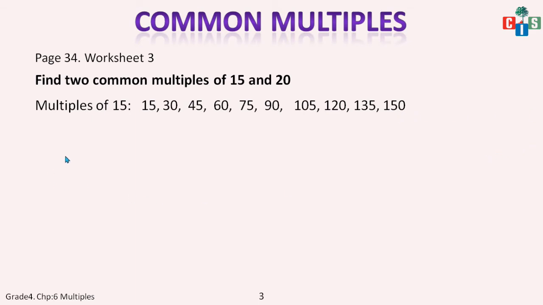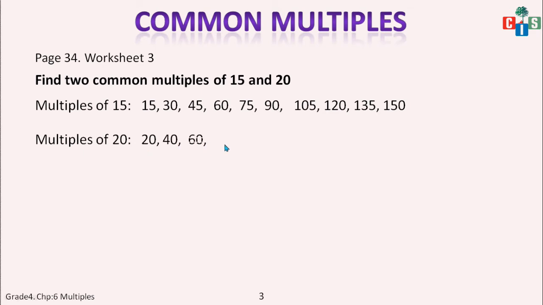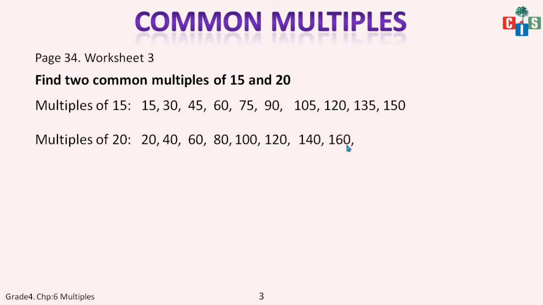Multiples of 20, how will you find them? Write the table of 2 and keep adding a 0 at the back. 20, 40, 60, 80, then 100, 120, so that is 6, then 140, 160, 180 and then 200.